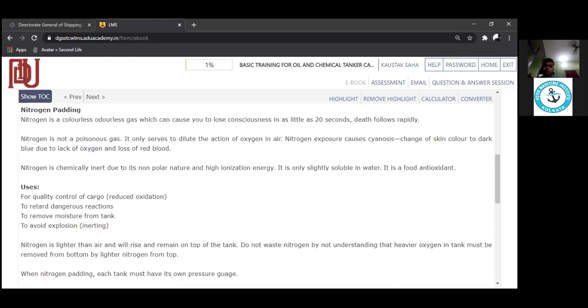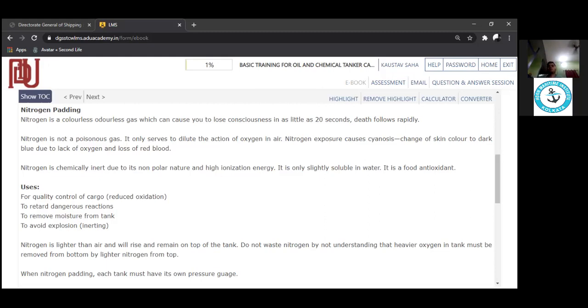So we avoid explosion as per the flammability diagram, maintaining a non-flammable atmosphere. And sometimes for gas freeing or to remove moisture, so that moisture should not react with some cargo, we ventilate the tank with nitrogen gas so that it is very dry and it takes all the moisture out.